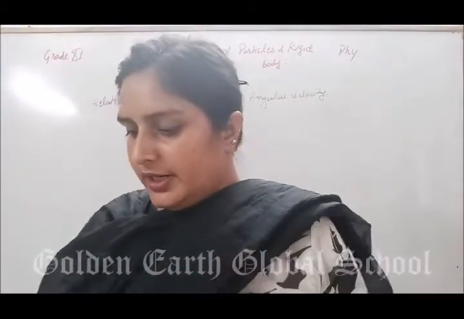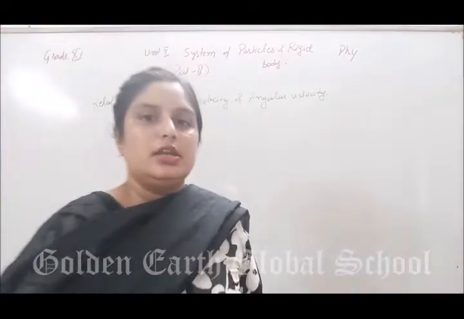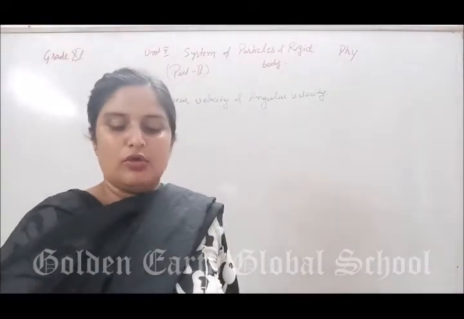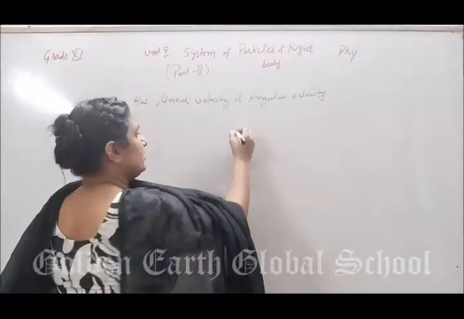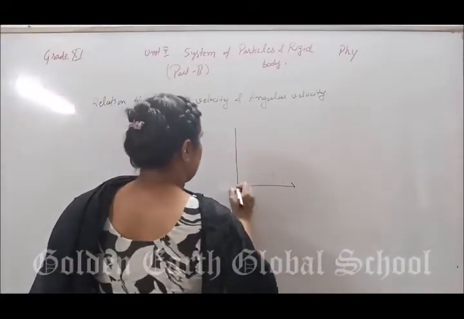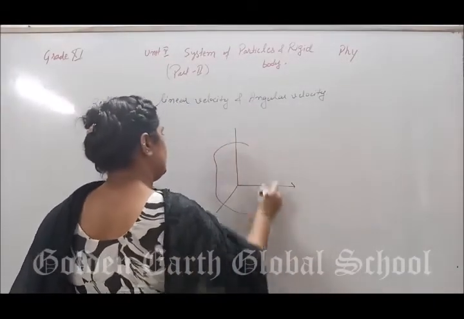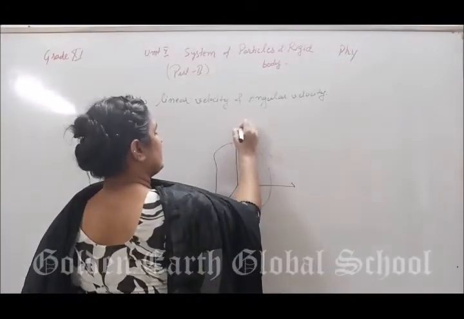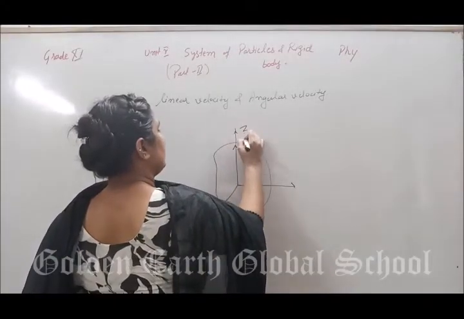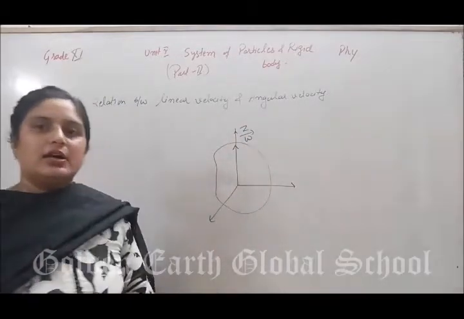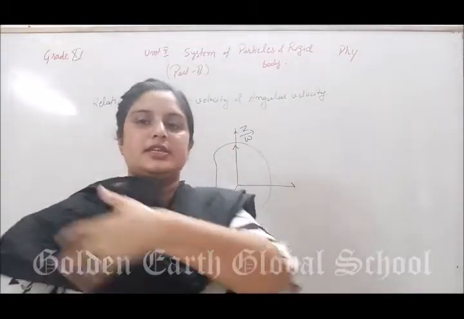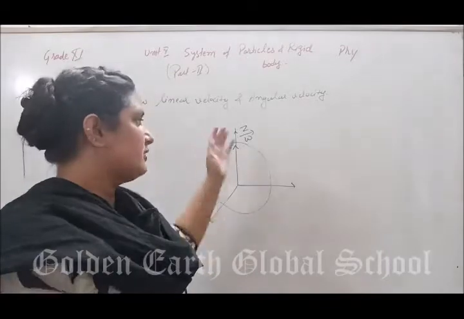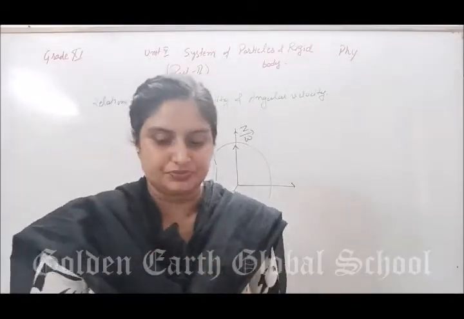We are going to calculate the relation between the linear velocity and angular velocity. For that, let us suppose a rigid body is rotating about the z-axis with angular velocity omega. Omega is an axial vector. It is acting along the axis of rotation of the particle.